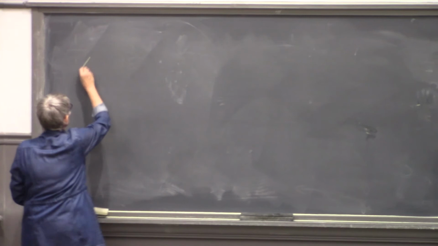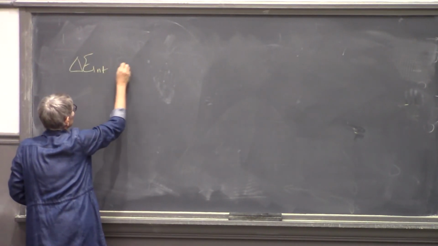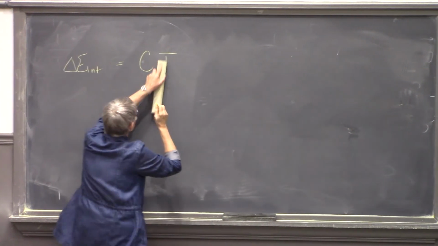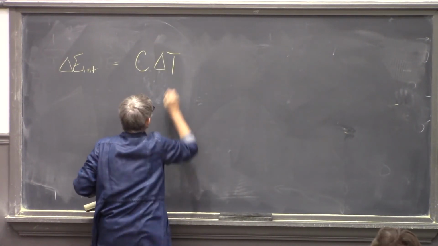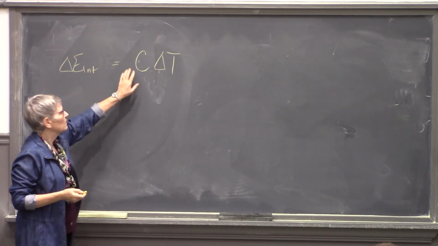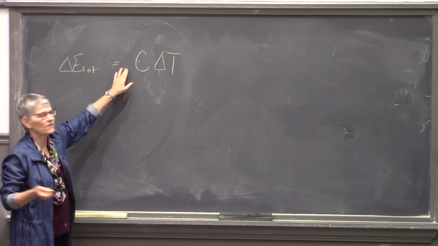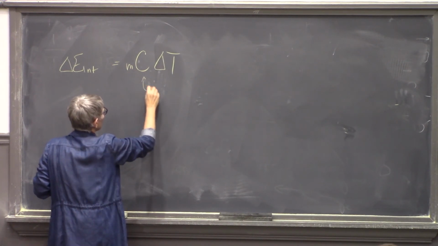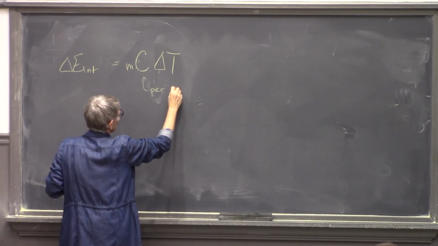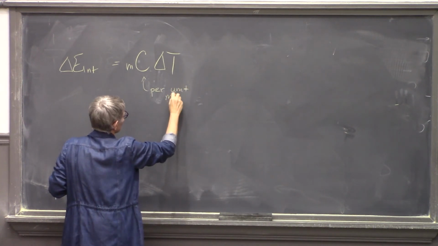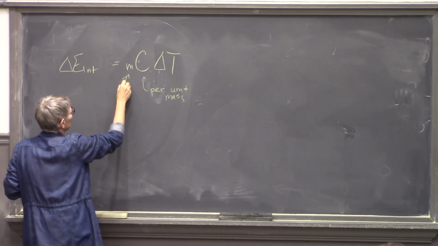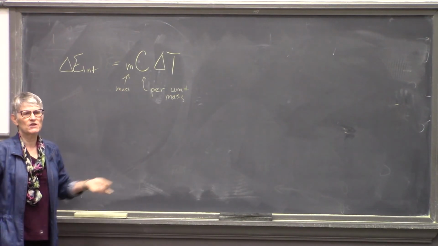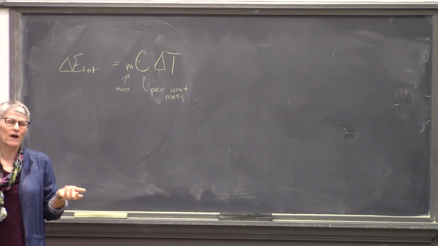We saw that the change of internal energy of something was equal to the heat capacity times the change in its temperature. If the heat capacity was per unit mass, then you would have to multiply by mass. But you could also express heat capacity in terms of a heat capacity per atom.